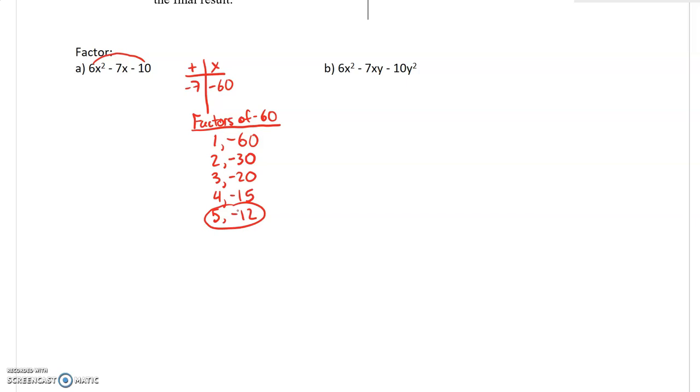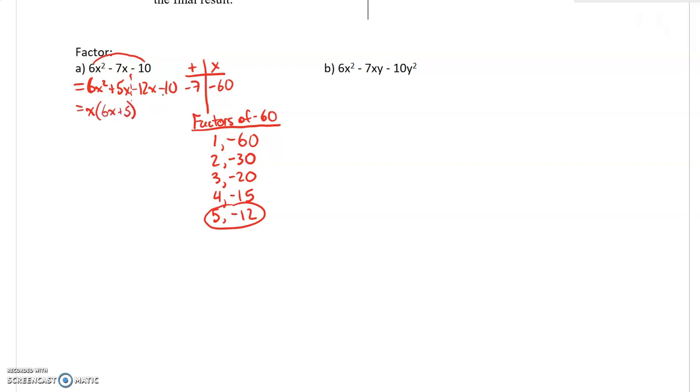So we go ahead and we break this apart by decomposing it. So 6x squared, we're going to break this negative 7x into plus 5x minus 12x minus 10. Now if I common factor the first two terms, the only thing I can common factor here is an x. So I'm left with 6x plus 5.